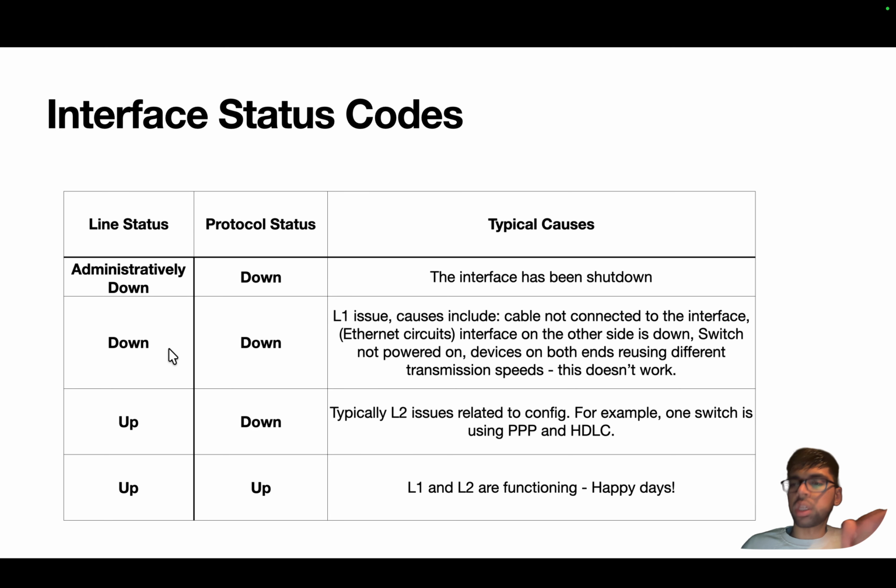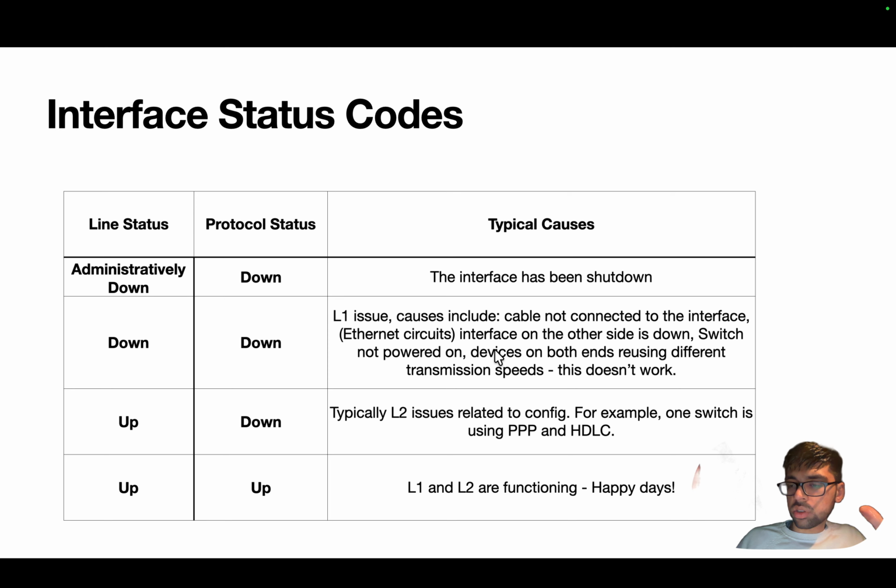You have to have layer 1, you have to have cables, and you have to have that physical end-to-end connectivity. You have to have power, you have to have your cables connected to your interfaces, and your actual Cisco device needs to be switched on for you to have line status. So if your line status is down, that's normally an indicator of, for example, a cable not connected, or the interface on the other side is down.